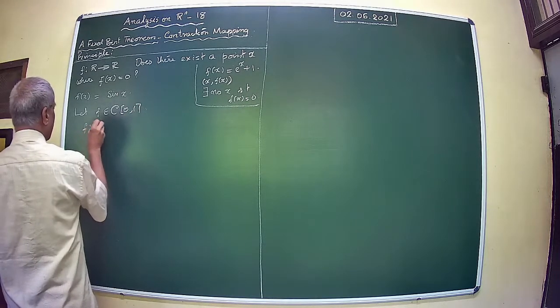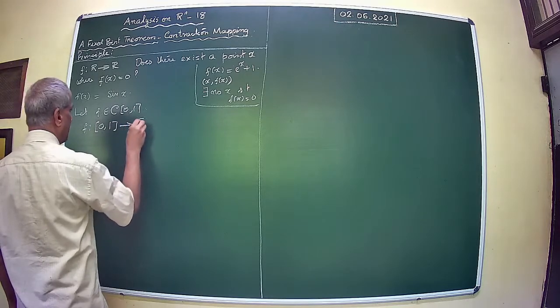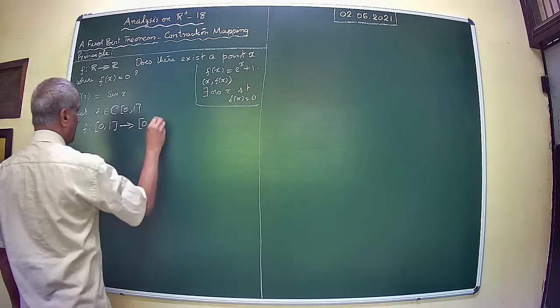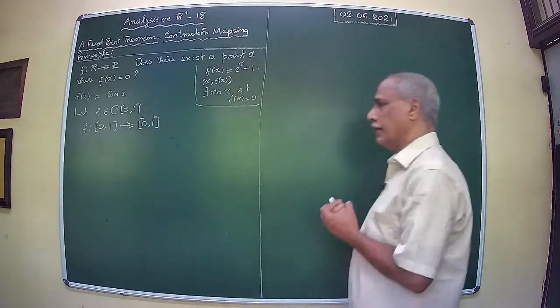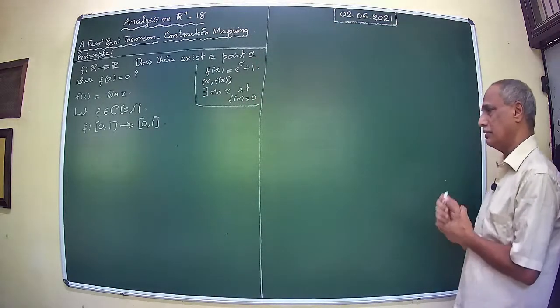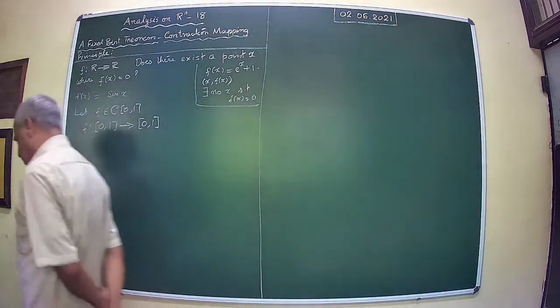F is a continuous map from the closed bounded interval 0, 1 to 0, 1.